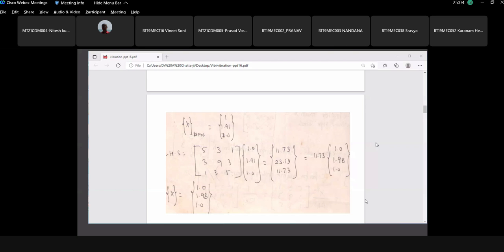So in any engineering system, an engineer never wants to find out all the natural frequencies. Whereas a mathematician will try to find out all the natural frequencies, but engineers will not.